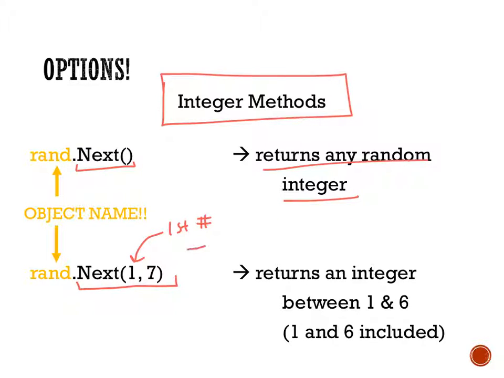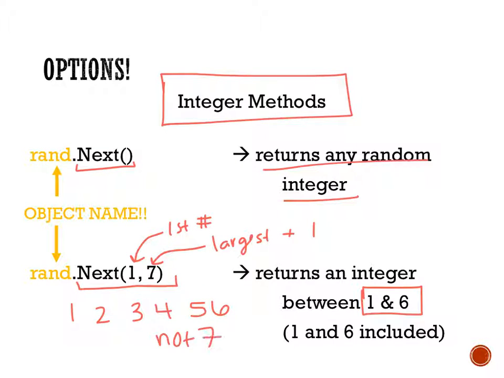The second piece, and this is a little tricky, is my largest number plus 1. So having .next(1, 7) actually returns integer values between 1 and 6. What this will return is either a 1, a 2, a 3, a 4, a 5, or a 6. It does not return 7.